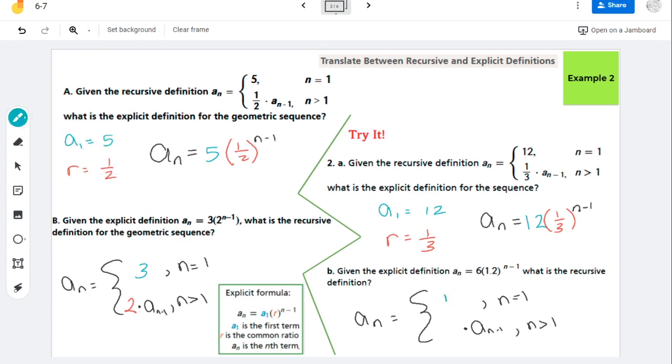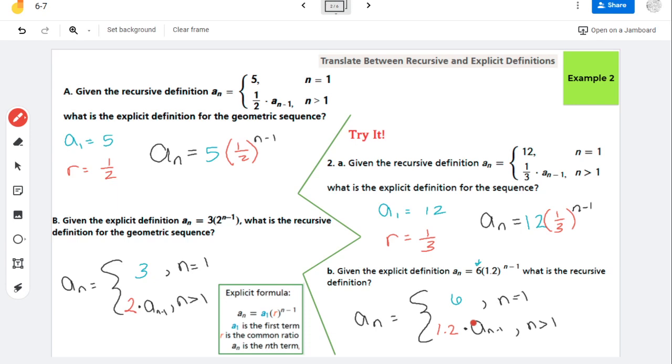So a sub 1 here is 12, and the common ratio, ooh, not 12, looking at the previous problem, shame on me. So our a sub 1 is right here, it's that 6. And then our common ratio in this one is 1.2.